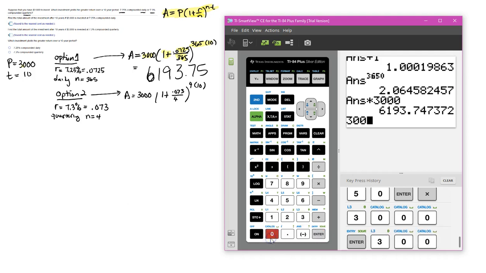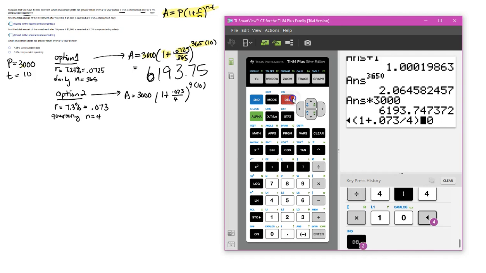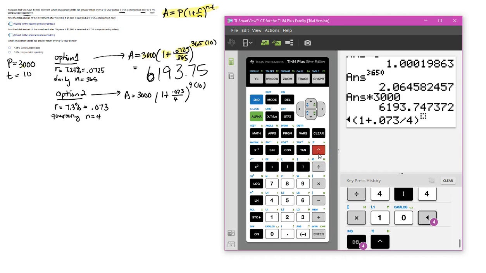We've got 3,000 times 1 plus 0.073 divided by 4, close parentheses, exponent, 4 times 10. Oops, I didn't do an exponent. So let me delete this. All right, so then we have exponent, 4 times 10.